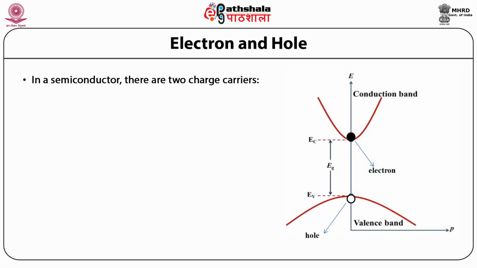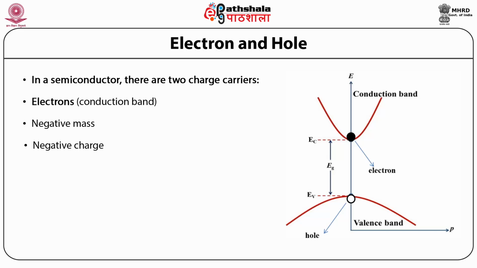Now in order to get the relationship between the effective mass and the momentum, first we'll consider the energy and momentum relationship for the electrons present in the conduction band at energy close to the minimum EC, which is given by E minus EC is equal to P square by 2 m e star, where m e is the effective mass of the electron.